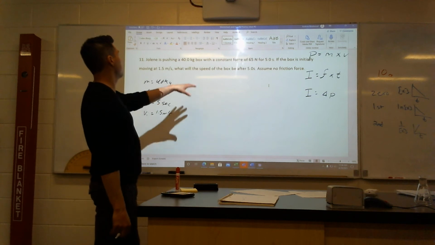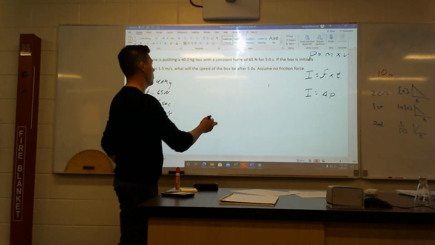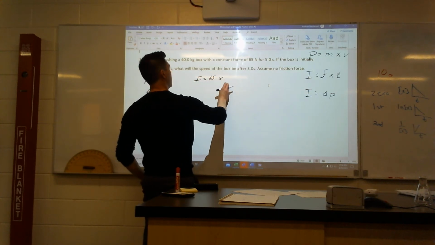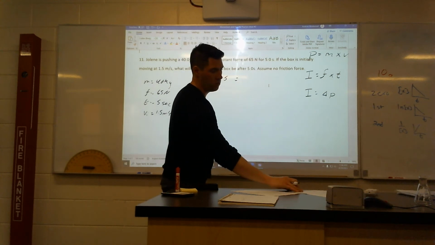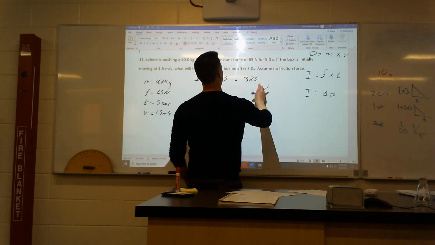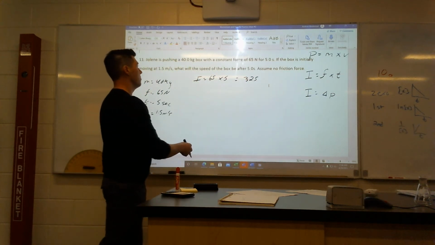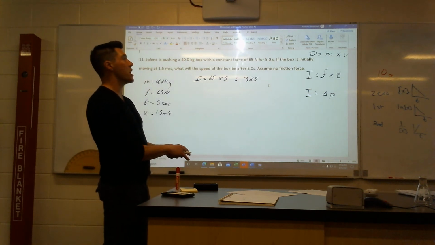So basically this Jolene is applying an impulse. She's applying a force over a certain time. So what is my impulse going to be? Force of 65 times time of 5 seconds, which gives me an impulse of 325. So that impulse is going to be, again, a change in momentum. And so if I have a change of momentum, I can figure out what the change in velocity is going to be.